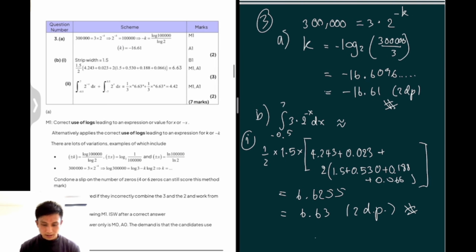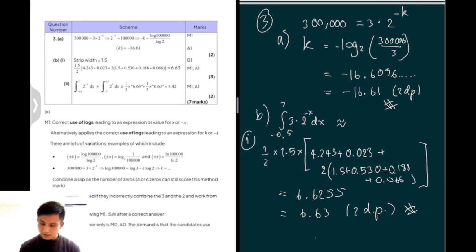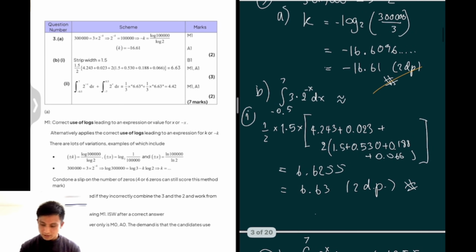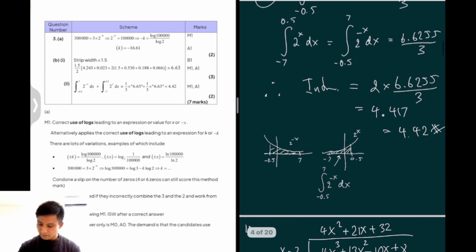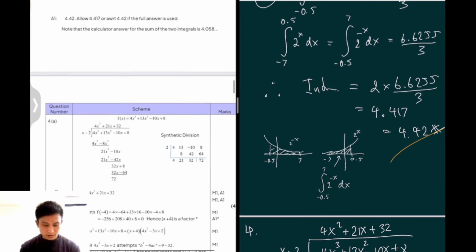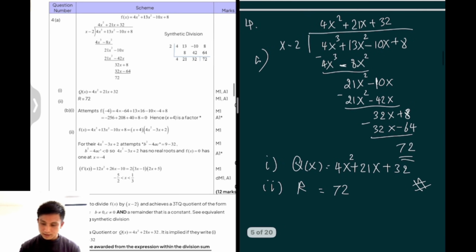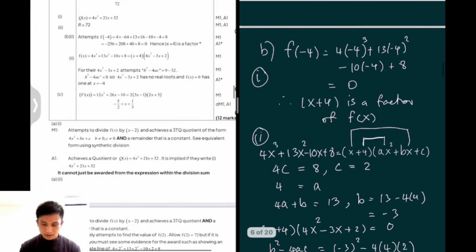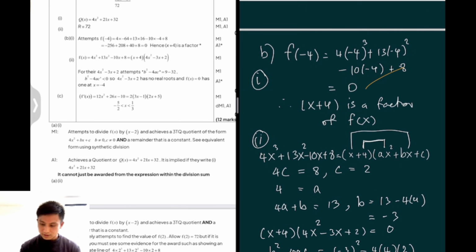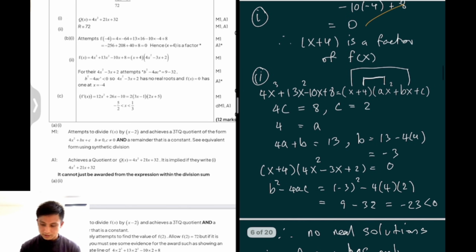Number 3, minus 16.61, 6.63, 4.42. Nailed it. 4a, 72 for the remainder. And that is the right function. Attempt a factor. Factorize. Yep.